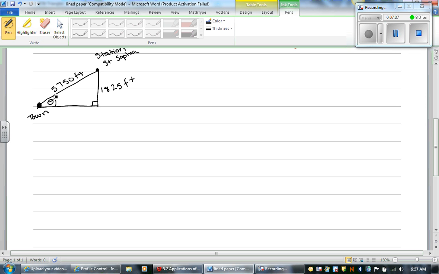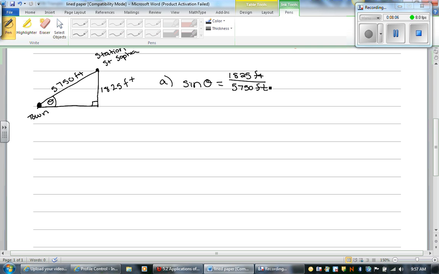Now, we'll take this one piece at a time here. Since we have an angle and we're dealing with the side opposite and the hypotenuse, we're going to automatically go to our sine function. So we're going to say sine of theta is equal to our opposite, which is our altitude, over our hypotenuse, which is the distance we traveled on the gondola.